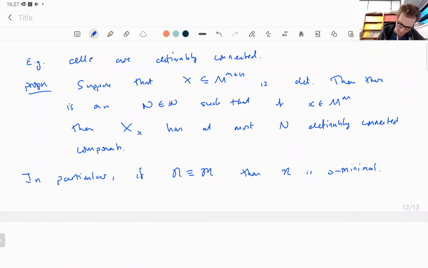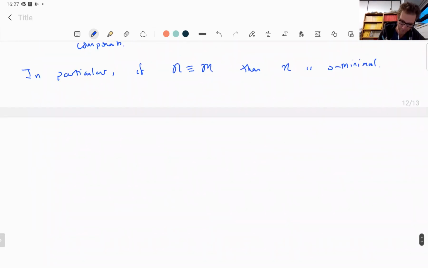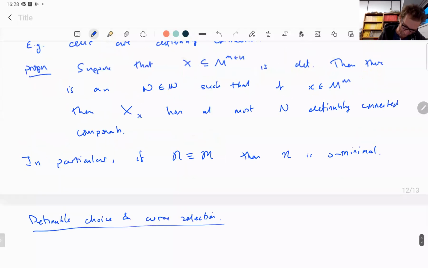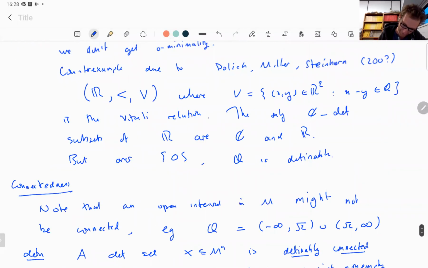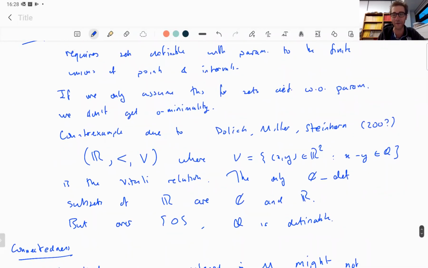Okay, so next I was going to talk about definable choice and curve selection, before we do dimension. And here, because I don't want to think about examples like this, I'm going to just assume that we expand a field.